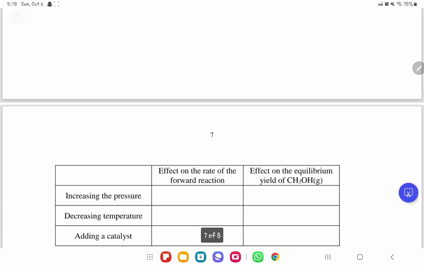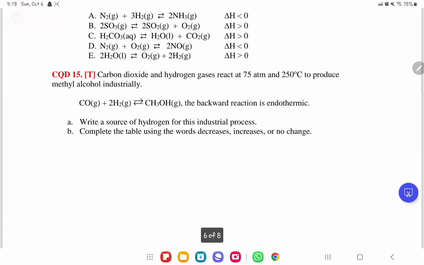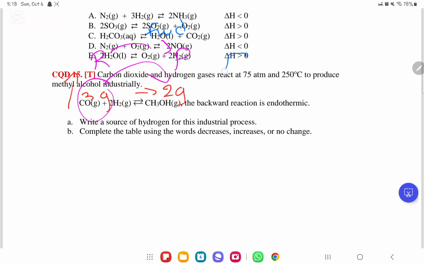So, if we increase the pressure, look, here we have 3 gases, and here we have 2 gases. So what happens? The reactants are going to give to the products. Since the reactants are giving to the products, it is a forward reaction, and then the concentration of our products will increase.